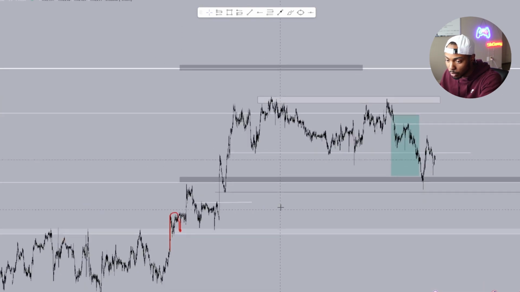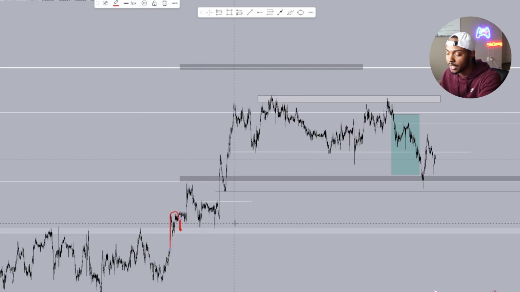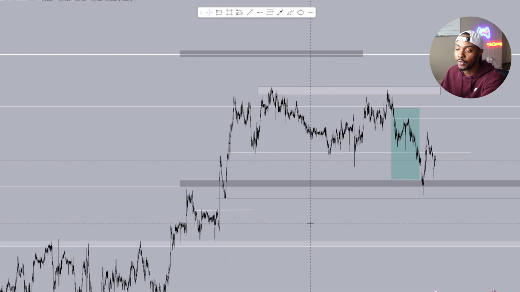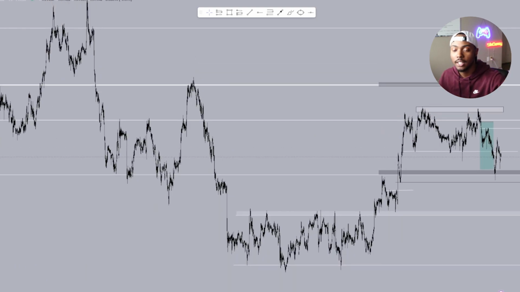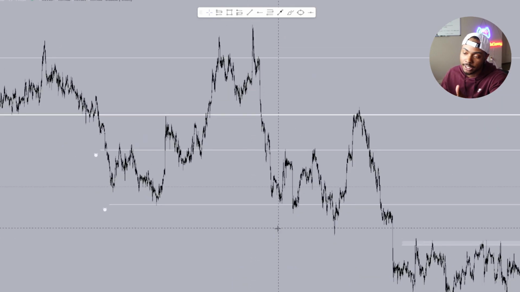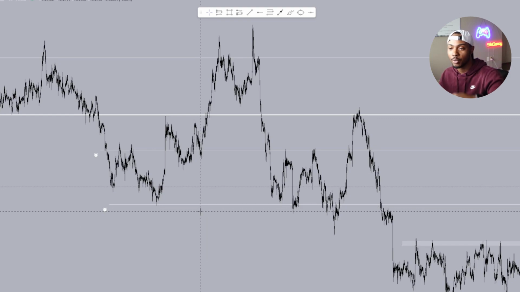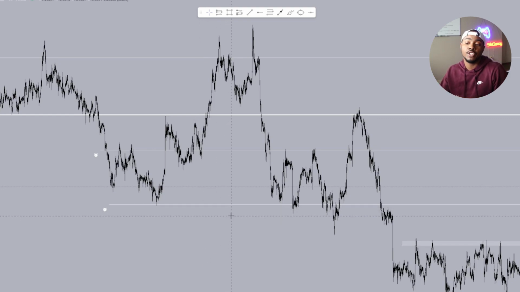Your homework is going to be to clear your charts, mark up your key levels, and then backtest these break and retests, or just retests in general. When it breaks, it's breaking below or above the zone and then coming to retest, but sometimes it's just giving you retest after retest after retest where you can eat multiple times.